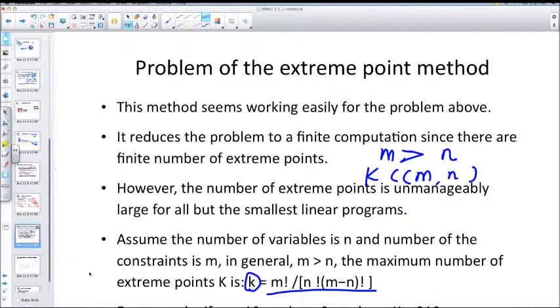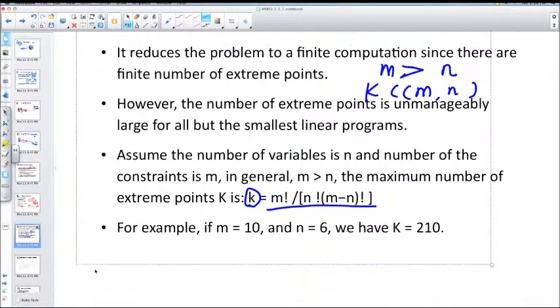Let me be more specific. Look at the example. Assume you have 10 constraints. That's a small number in real world problems. Have n design variables equal to 6. So what is the number of extreme points?